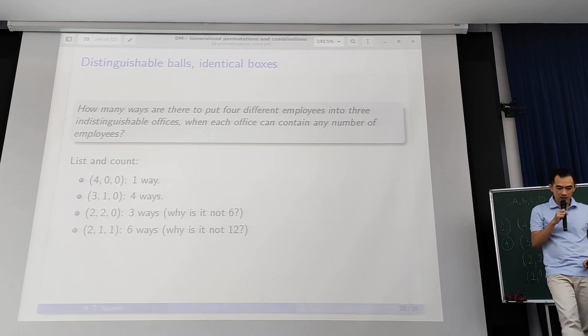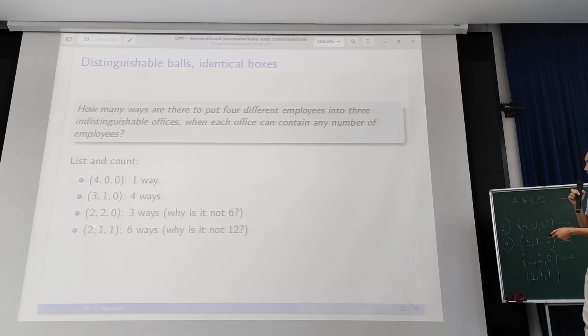if you count in a normal way, then here you have 4 choose 2, and then 2 choose 1, and then 1 choose 1. That will give you 12. But here, the second and the third office, these 2 offices are the same.